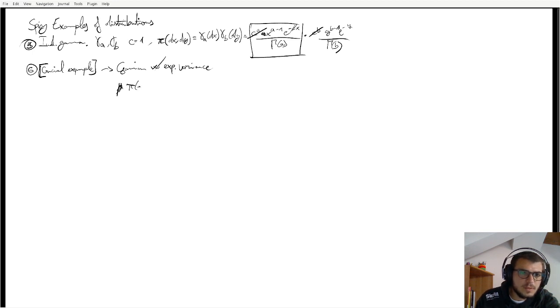We have that the joint distribution is something like this: 1 over square root of 2 pi x, exponential of minus 1/2, what can I put here?